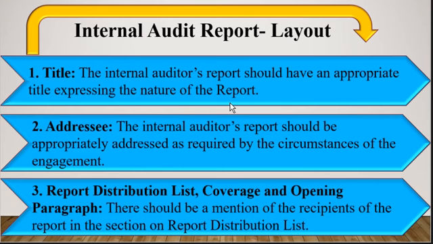The report should include a statement that the operation of systems, procedures and controls are the responsibility of the entity's management, and a statement that the responsibility of the internal auditor is to express an opinion on the weaknesses in internal controls, risk management and governance framework, highlighting any exceptions and cases of non-compliance, and suggest or recommend improvements in the design and operations of controls based on the internal audit.